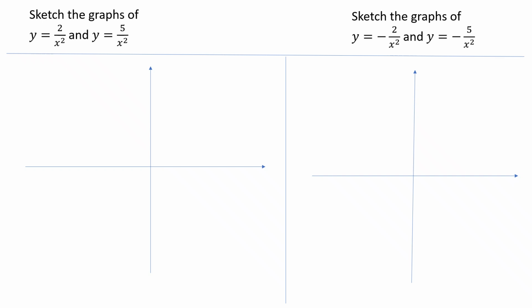Now let's get the graph of y equals 2 over x squared and y equals 5 over x squared. First I am going to draw y equals 2 over x squared. So when x is positive, y is positive. So the graph is in the first quadrant.